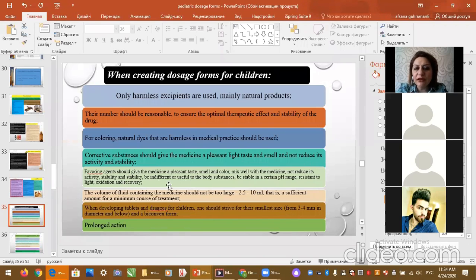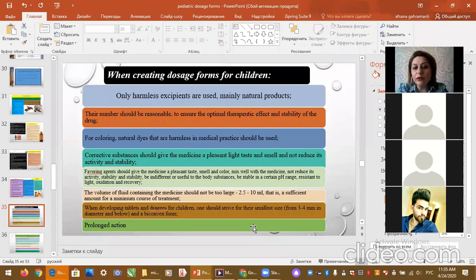Flavoring agents should give the medicine a pleasant taste, smell and color, mix well with the medicine, not reduce its activity and stability, be indifferent or useful substances in the body, be stable in a certain pH range, and resistant to light, oxidation and reduction.